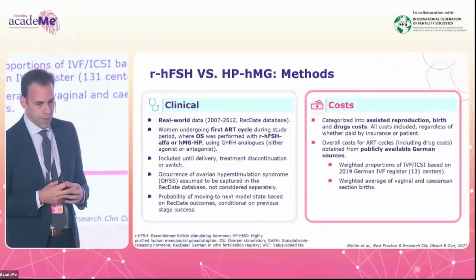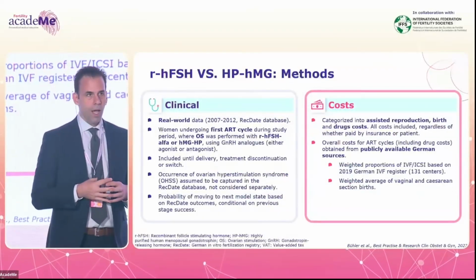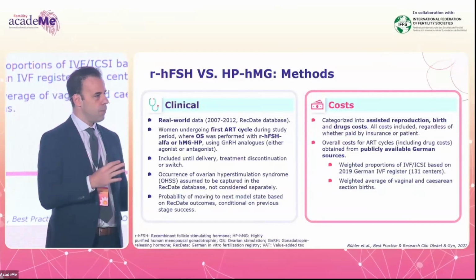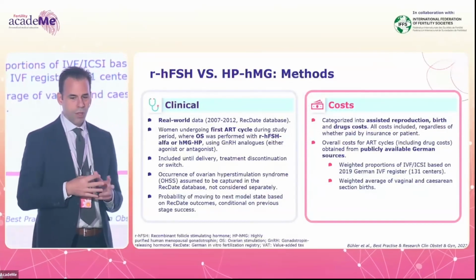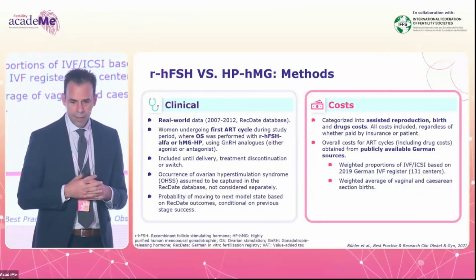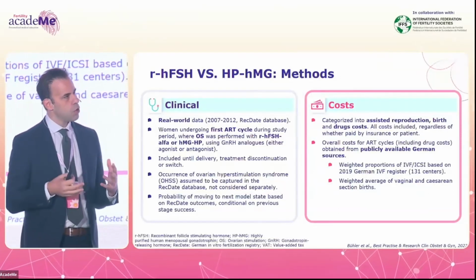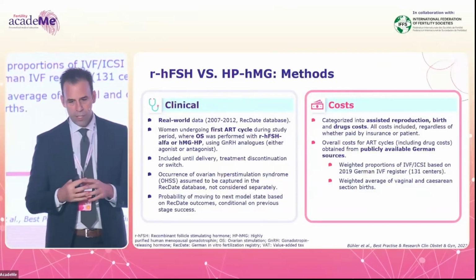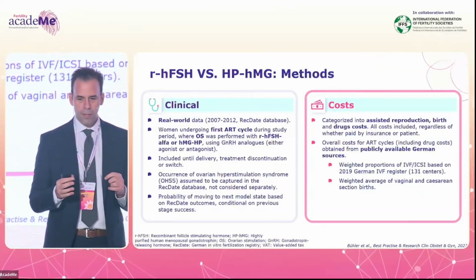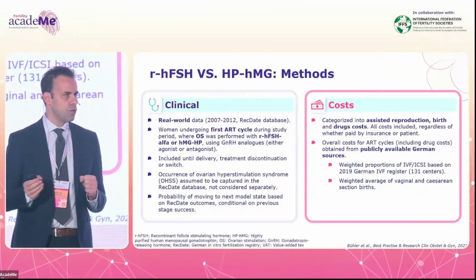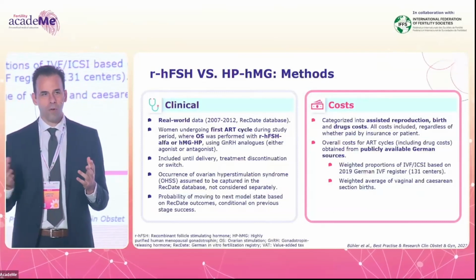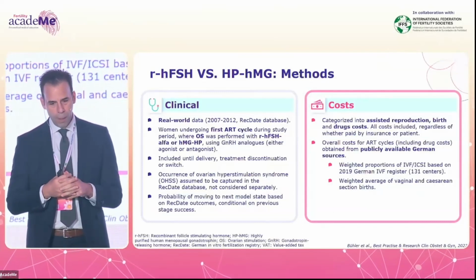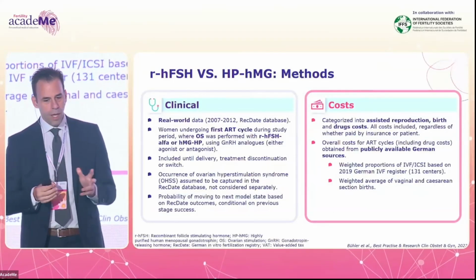So the clinical data came from real-world data that were a bit older, from 2007 to 2012, from the RecDate database, and it included all women undergoing their first ART cycle during that specific study period, where the ovarian stimulation was performed with either of the 2 gonadotropins compared in this study.